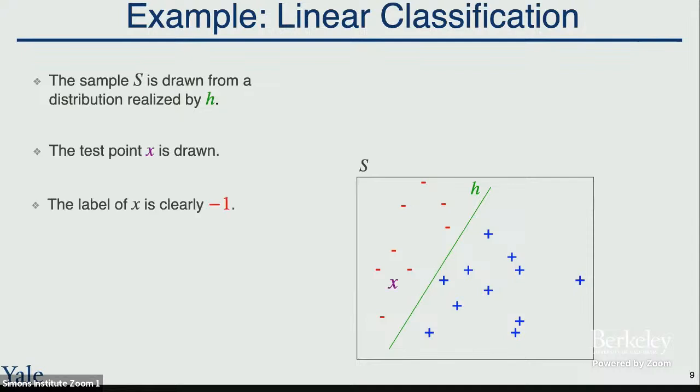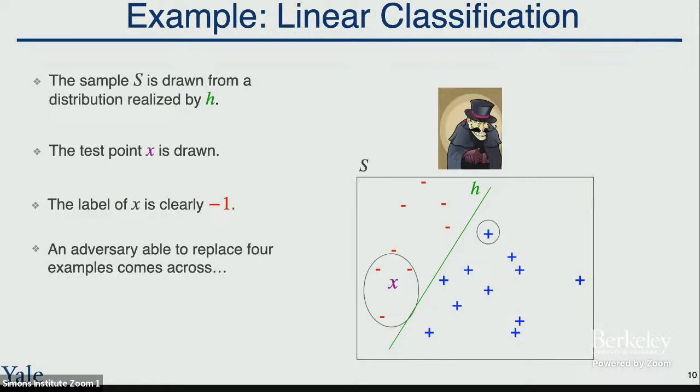Okay. And then I'm going to draw another data point X from the same distribution. If you look at it, I think you can guess what the label should be, right? Should be negative. Let's assume that there is an adversary that can change at most 4 data points.